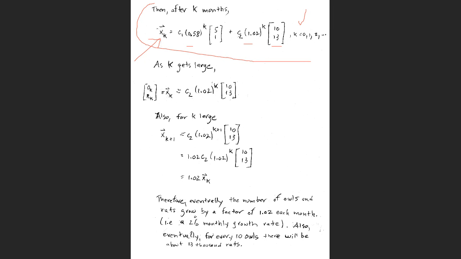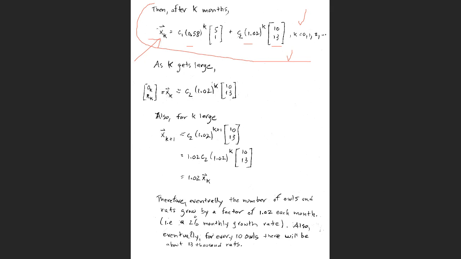So it's a beautiful iterative formula, and it's an absolutely amazing formula because we can now, if we want to, know the evolution of these owls and rats. For instance, are the populations of owls and rats going to go extinct over time?